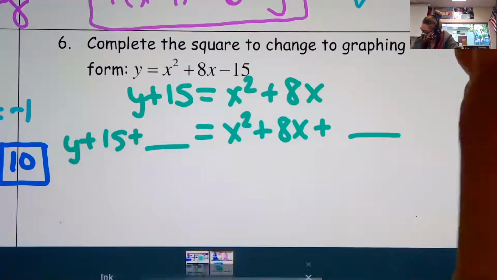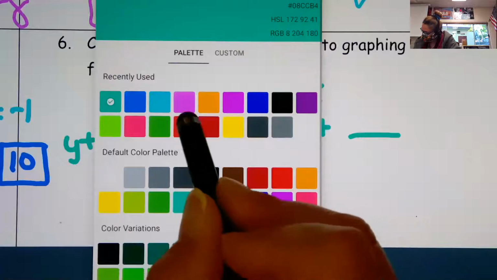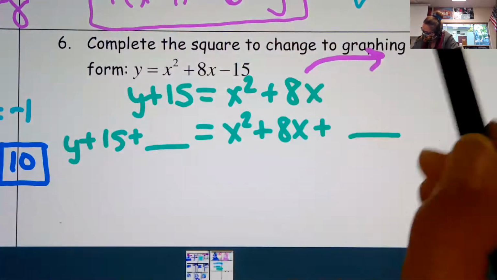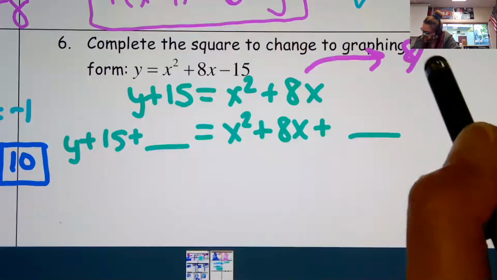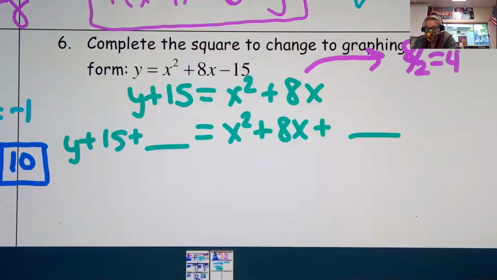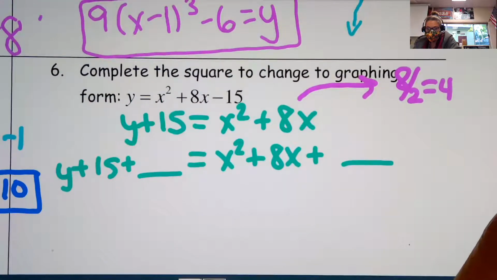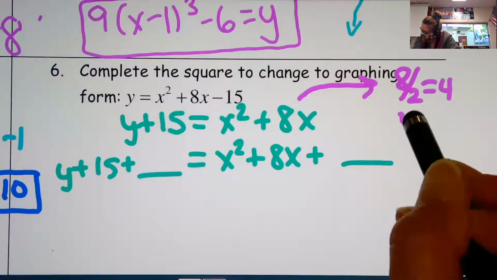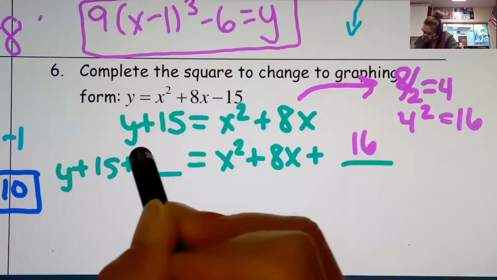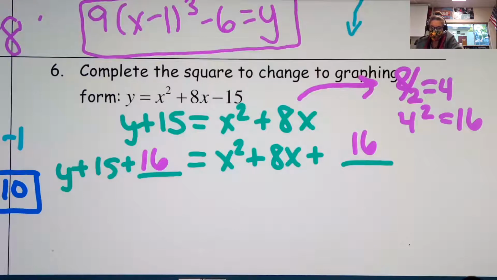Now to figure out what that is, I am going to take my 8x. I'm going to take half of my b, so that's 4. I am then going to square it. So 4 squared is 16. So I put 16 here and 16 here.